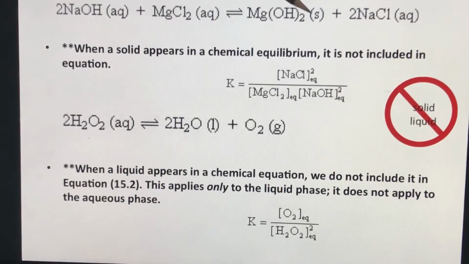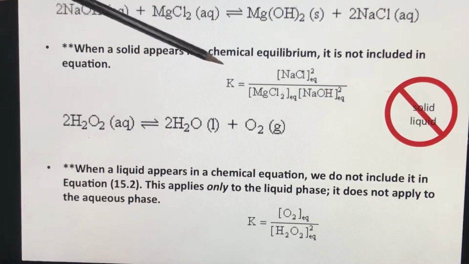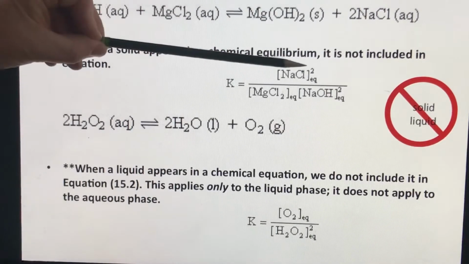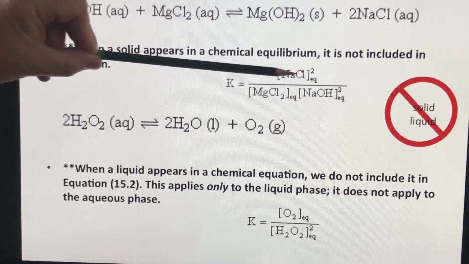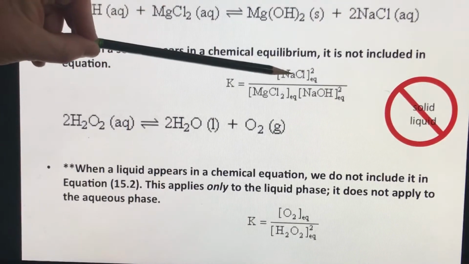Because this is in the solid phase, it will not be included in our equilibrium equation. So for our products, which, remember, always go in the numerator, we're just going to use the sodium chloride.